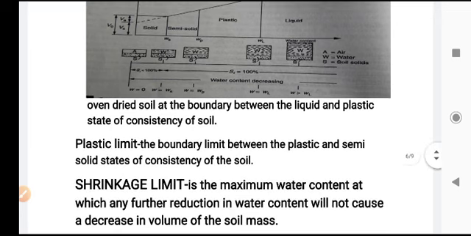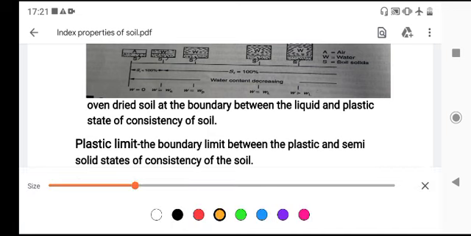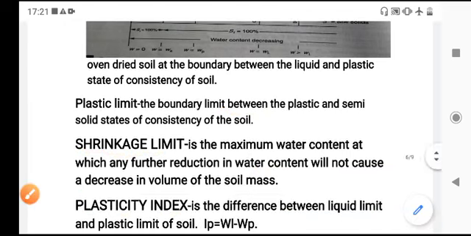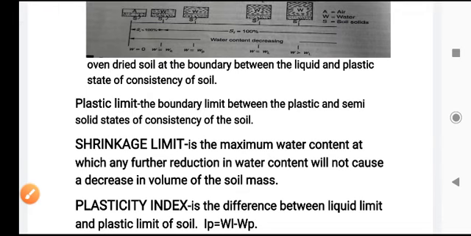Now the plastic limit. The boundary limit between the plastic and semi-solid state of consistency of the soil is called the plastic limit. And the shrinkage limit is the maximum water content at which any further reduction in water content will not cause a decrease in volume of the soil mass.